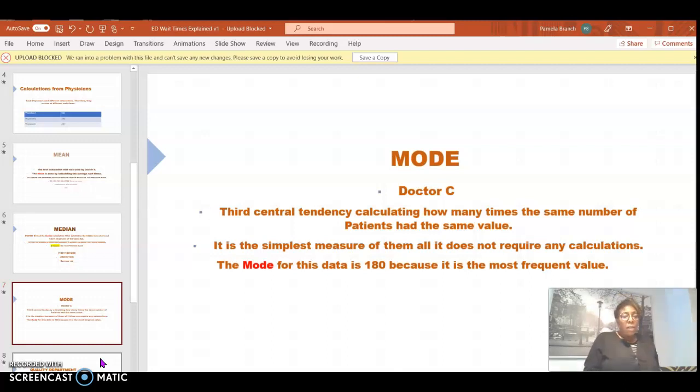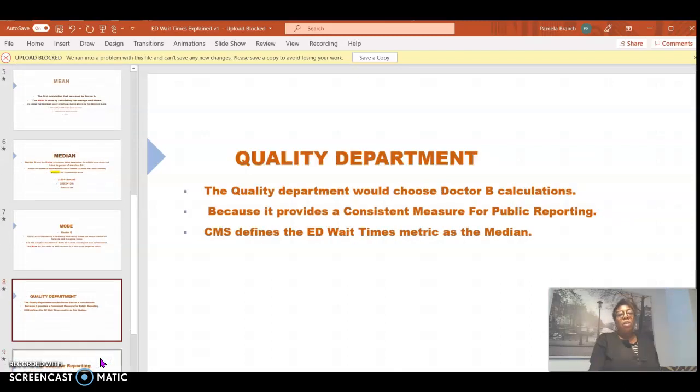Okay. As we move along, the quality department chose Dr. B's calculation, because it provides a consistent measure for public reporting.